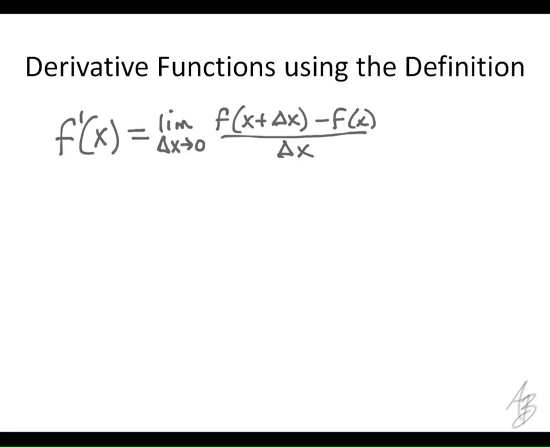Now, why might we write the definition like this instead of using h? What does delta x mean? The change in x, right? If you remember, the slope formula is just the change in y over the change in x, right? And the derivative is the slope of a function.